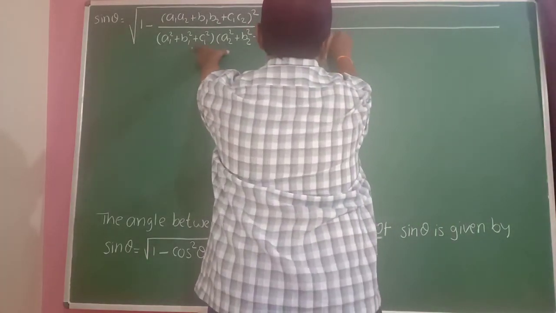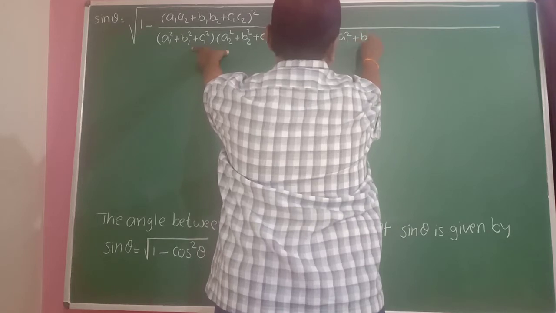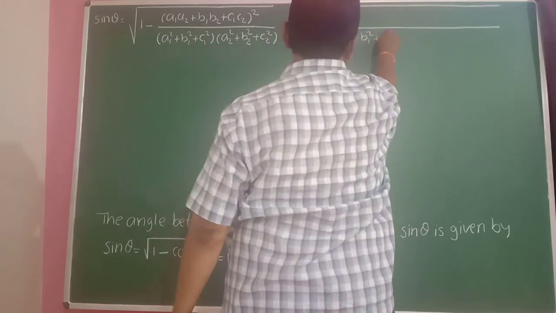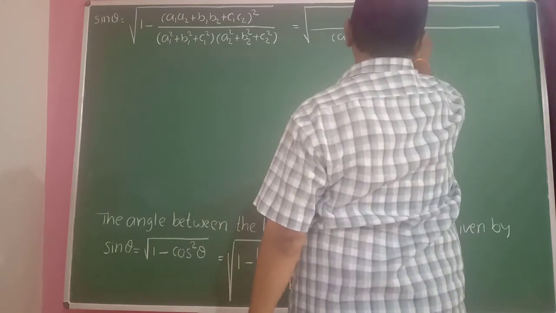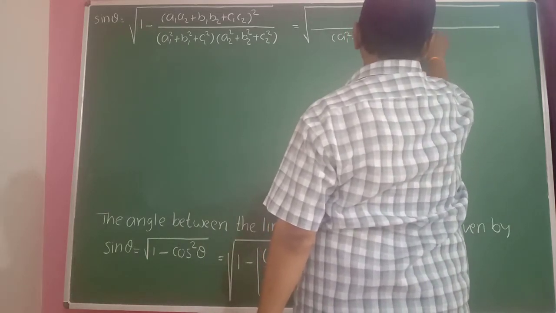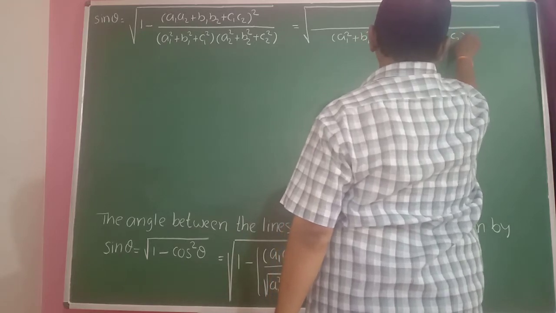This is the LCM: a1 square plus b1 square plus c1 square into a2 square plus b2 square plus c2 square.